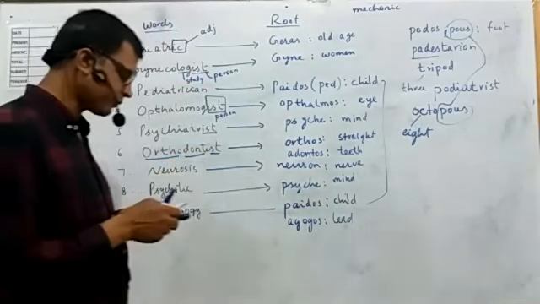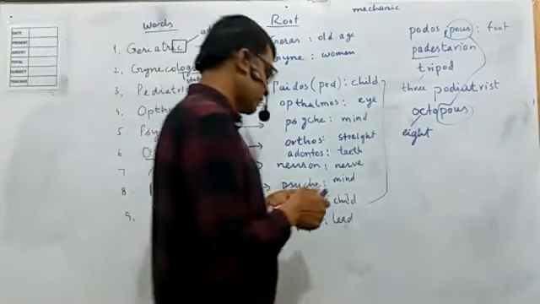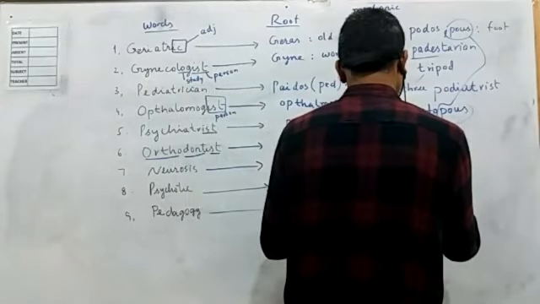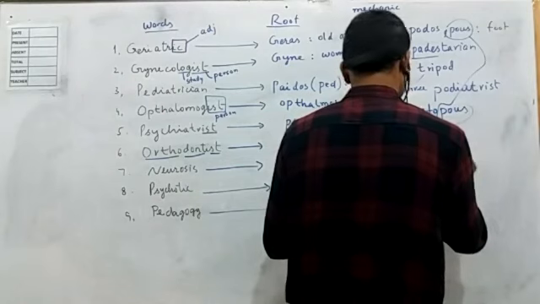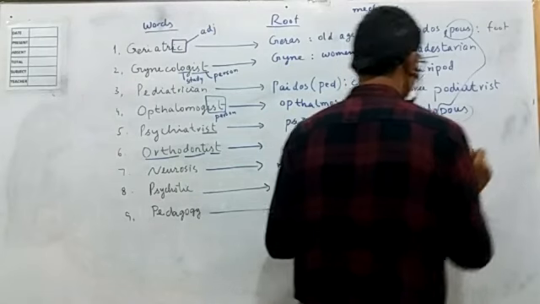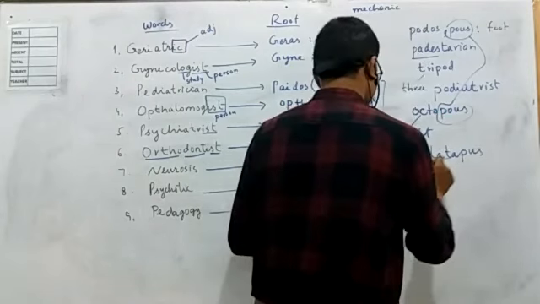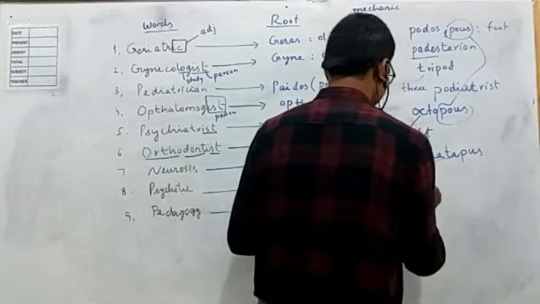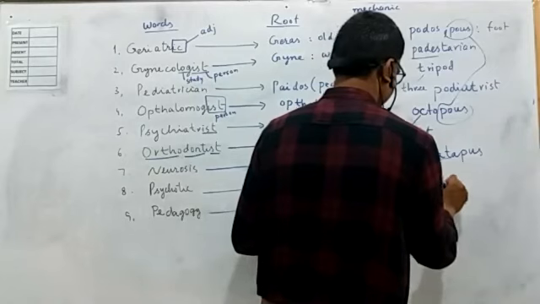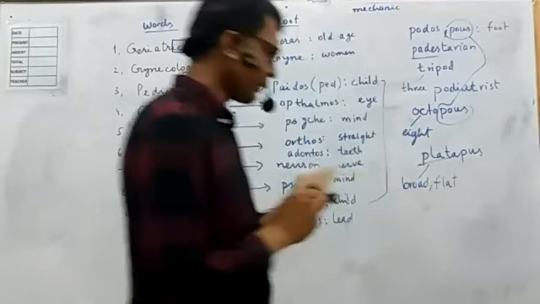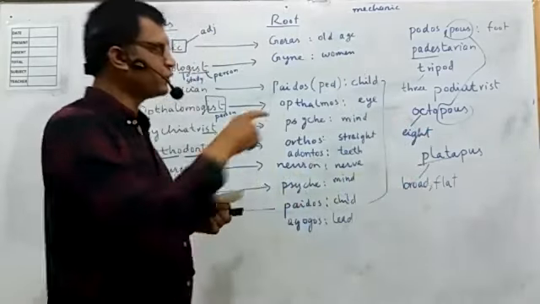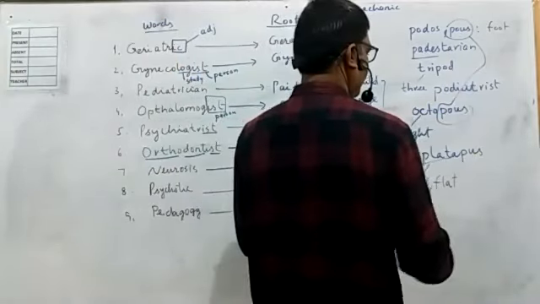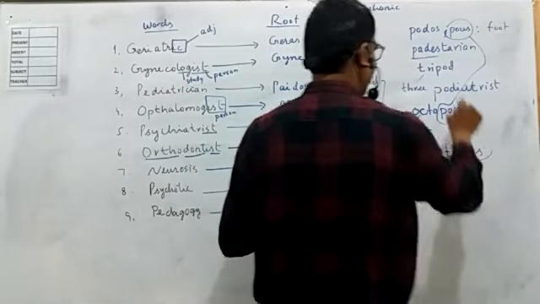Okay. Similarly, we have another word of the same nature, which is called platypus. Okay. Plate means basically broad and flat. Platypus, P-U-S, is the same as P-O-U-S.